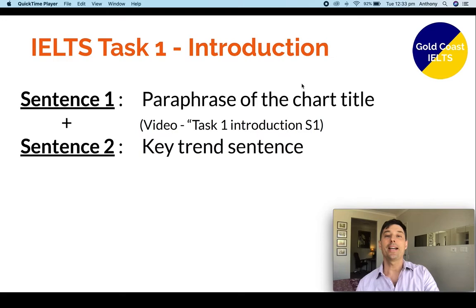Okay guys, so it's going to be inside the introduction, and the key trend sentence is going to be the second sentence of our introduction. The first sentence, I already made a video about that, is the paraphrase of the chart title. So let's go right ahead, check out how we can make the key trend sentence for some different kinds of IELTS tasks.